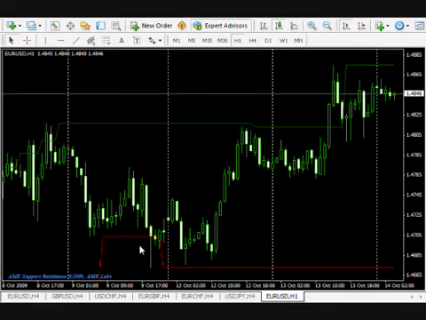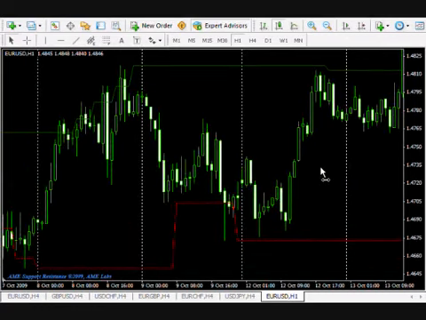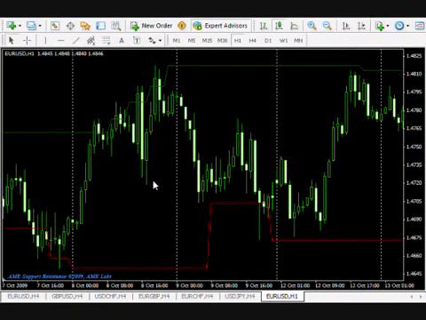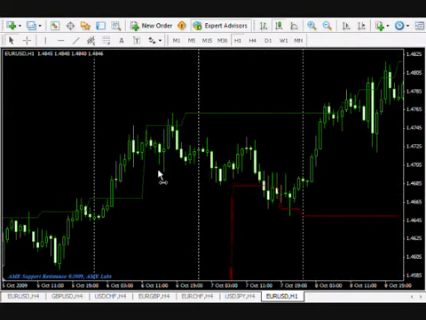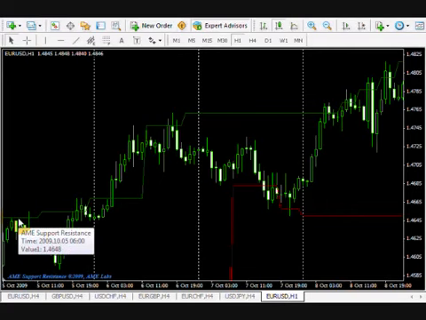Now, why is this significant? Why is the support and resistance level significant? Well, let's scroll back and see here. Let's look for a good spot. Well, here's a resistance level that was reached, 1.4648.